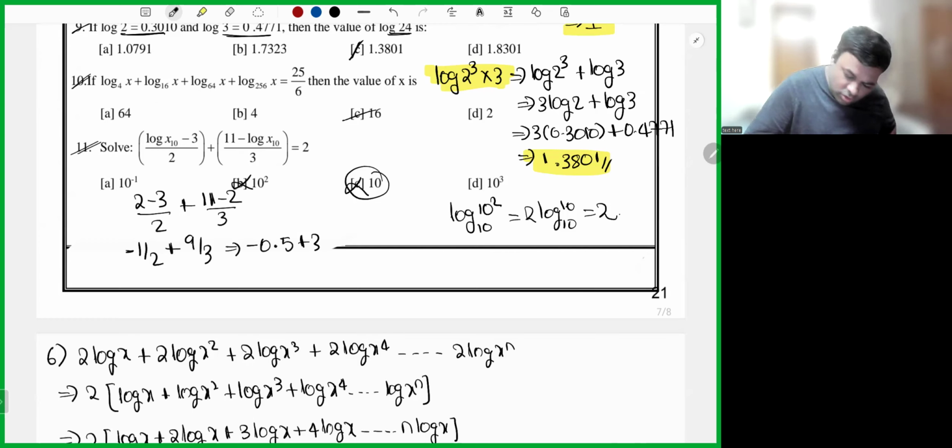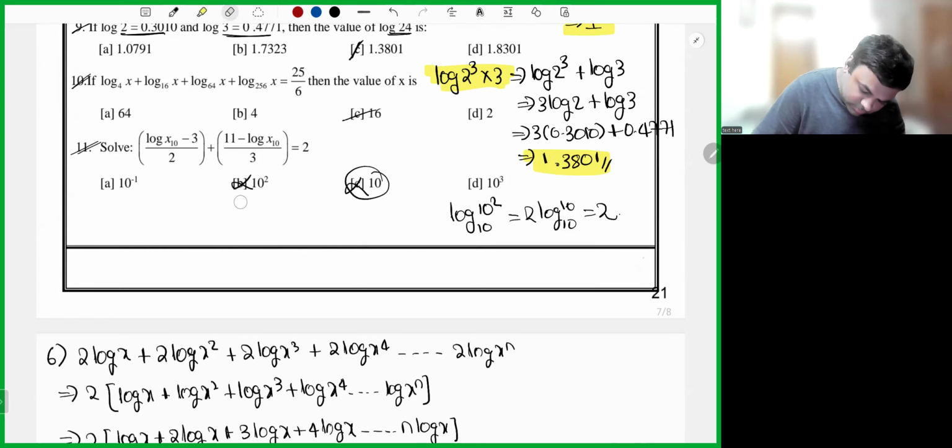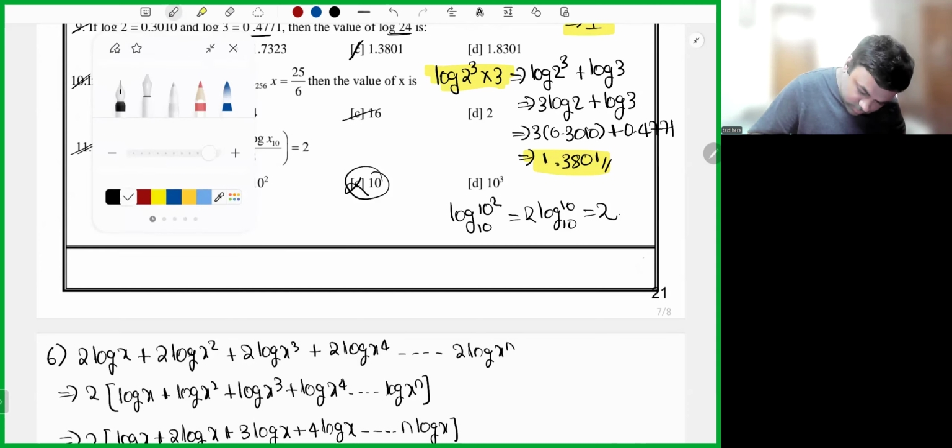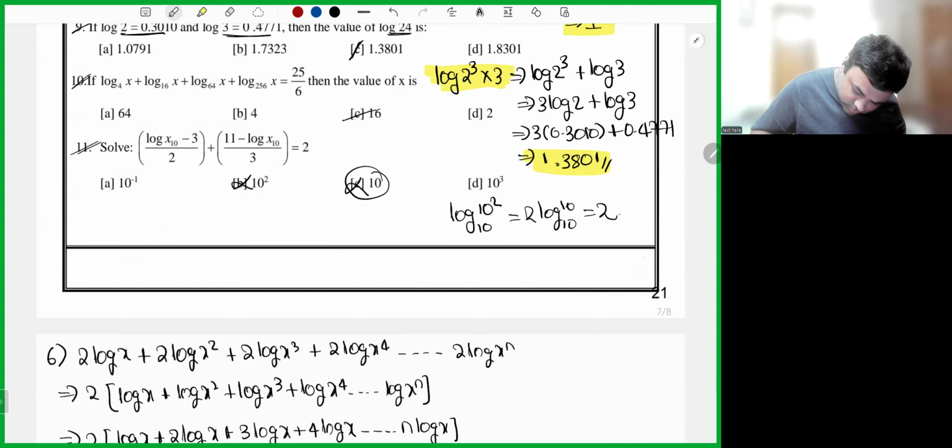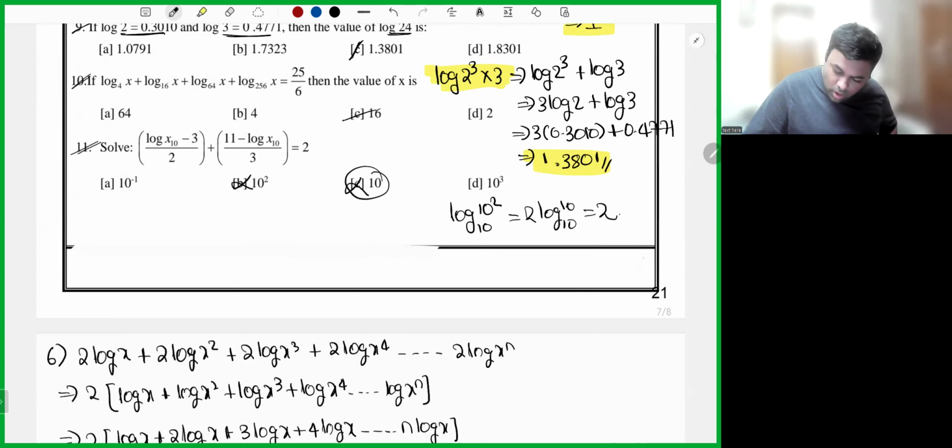So next, 10 cube. Let us substitute 10 cube and check. Log 10 cube base 10, it will be 3 log 10 base 10.